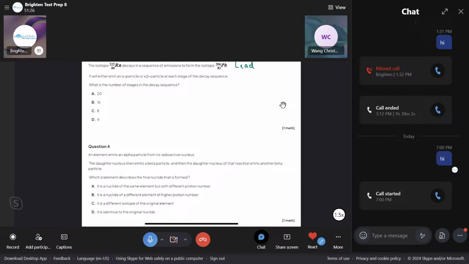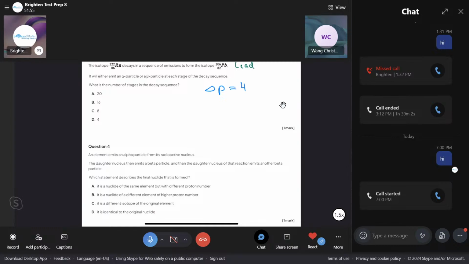The mic is a bit unclear. Can you hear me again? Yeah. Okay, sorry. So when you look at radon to lead, what is the main difference so that you can say this is radon, this is lead? The number of protons. So what is the difference in protons? 4, right?